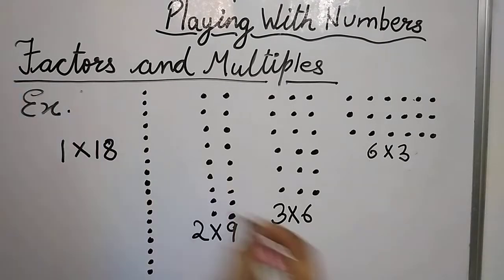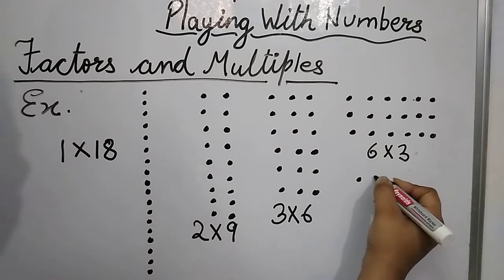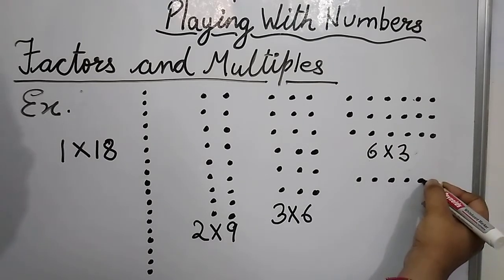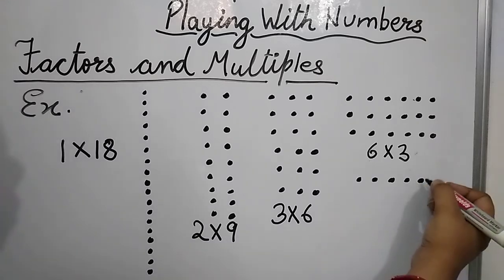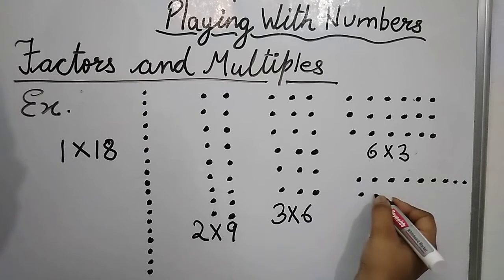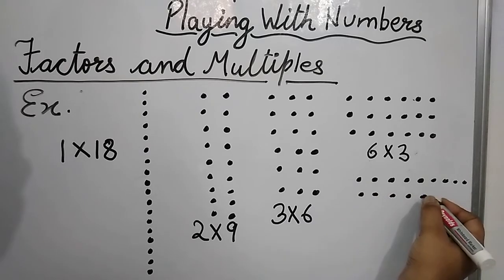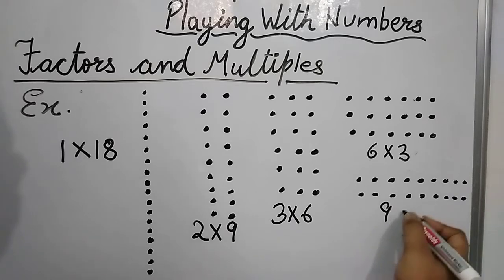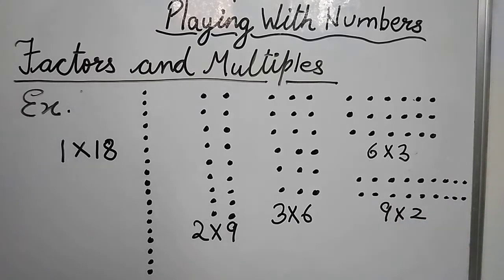These marbles can also be arranged in 2 rows with a total of 9 marbles in a single row. So this is 9 multiplied by 2, 9 marbles in each row and total number of rows 2.